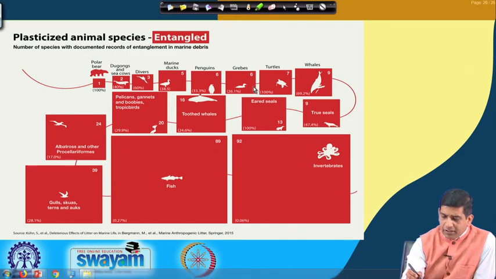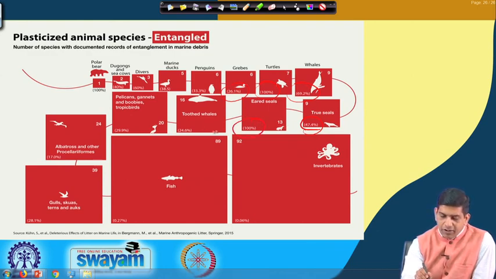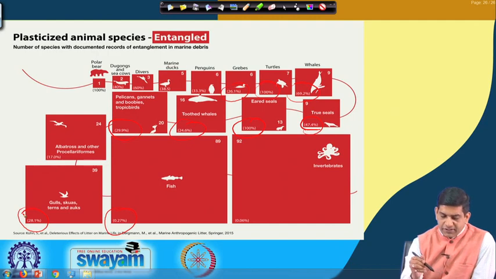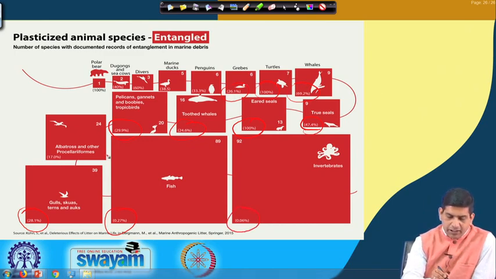Then they had gulls, which is 26%, turtles again 100%, whales 70%, true seals 48%, eared seals 100%, and there were 13 of them, toothed whales 25%, pelicans 30%, fish 0.27%, gulls, skuas and terns 28%, and then invertebrates 0.06%, and albatross and other petrels 17%.